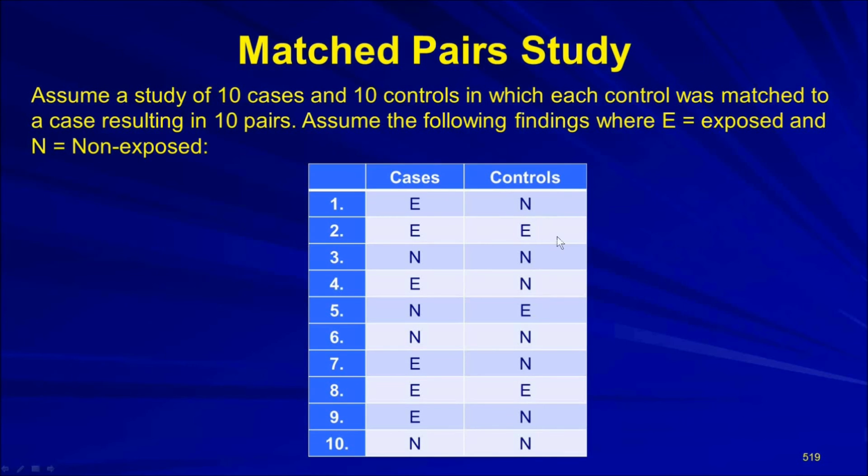Controls with the disease, exposed, we got 1, 2, 3, and we know there are 10, so this would go in cell B, the 1, 2, 3, and then we subtract that from 10 because we know there are 10 there. We would have 7 in. So 1, 2, 3, 4, 5, 6, 7, and those would be unexposed controls without the disease.